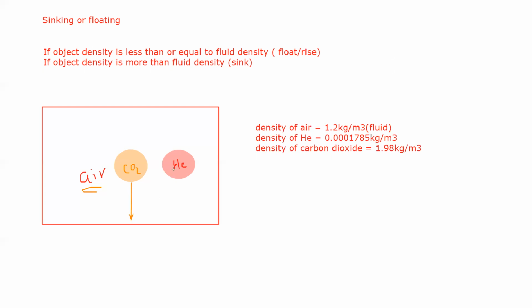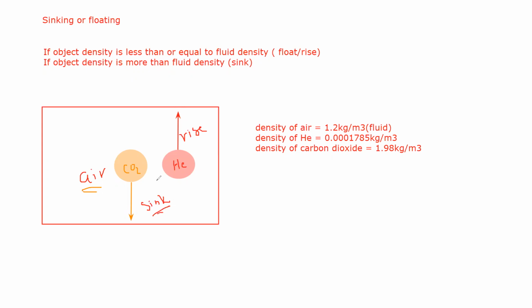And if I release a balloon filled with helium, helium balloons are very common. Why do they float or rise up? Because their density is lower. As you can see, compared to air, their density is lower. So that's why the helium balloon will float or rise, where the carbon dioxide balloon will sink.